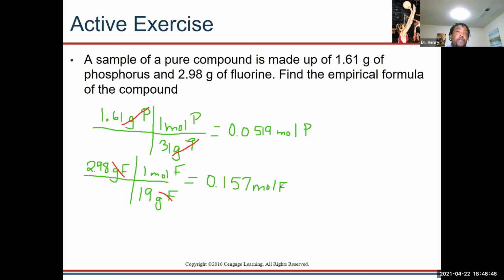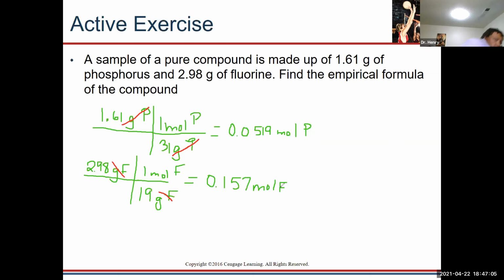Okay, so this allows me to compare the two to each other, right? Since I have them in moles, I can figure out the quantity. The way that I would do that is by dividing by the smallest. Which one is smallest, phosphorus or fluorine? Phosphorus.